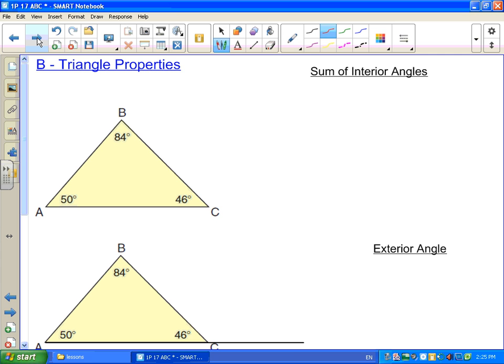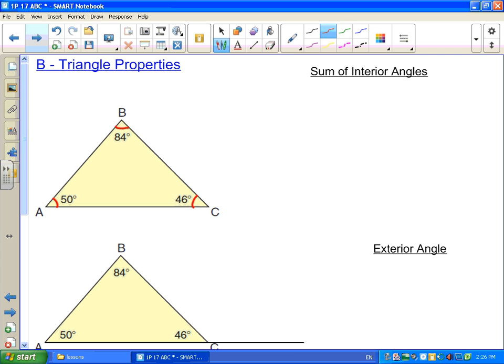The next set of properties that you need to know have to do with triangles. Here I've drawn a triangle, and I've measured each of the interior angles. Interior angles are the ones that are inside the triangle. So this 50 degrees, this 84 degrees, and this 46 degrees are all interior angles.